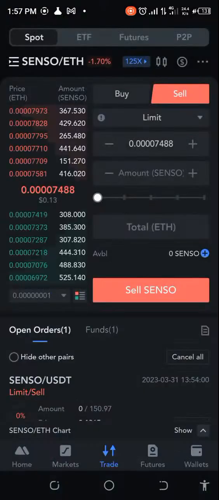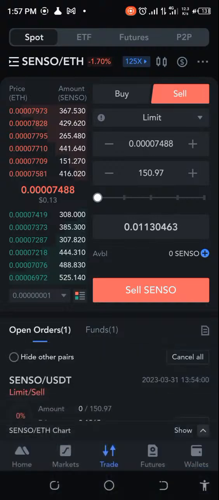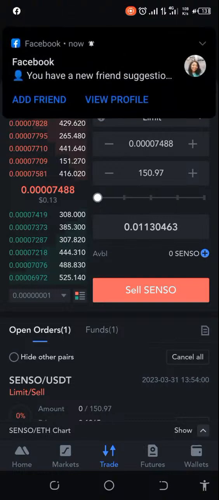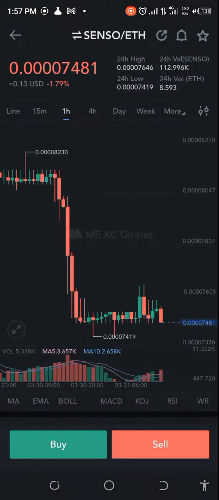So what I have here is, if I pick, I'm trying to sell, but if I pick this 7419 and I put 150.97, no. I don't think I want to do that, because if I tapped here, it's going to give me this. But even with that, I can see that it's actually going low. So because of that, no, I don't think it's a risk I want to take.